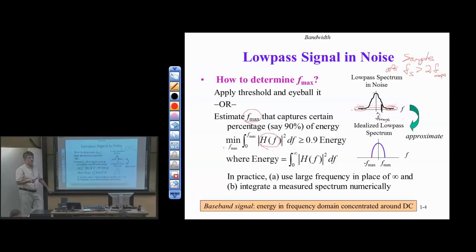This is a power calculation. So this gives me the power at a specific frequency F. All right, so this term is power at frequency F. If I integrate all that power over frequency, I get the energy.